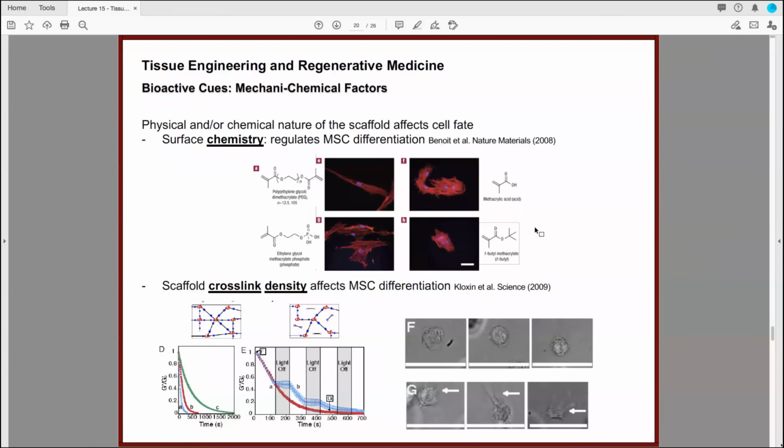You can see that the stem cell differs whether they've got polyethylene glycol, methacrylic acid, ethylene glycol, or t-butyl on the outside of their scaffold. And then we also know that changing the scaffold density affects stem cell differentiation too. So if we can modulate the cross-linking density in these polymer scaffolds, we can change the way that stem cells differentiate.